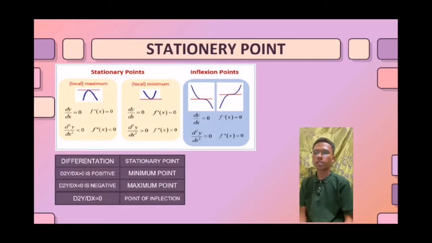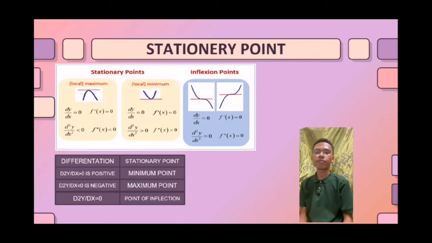So for this part is stationary point. As we know, stationary points have three types: minimum, maximum and inflection points. If d square y per dx square is bigger than 0, it is positive, so it is a minimum point.